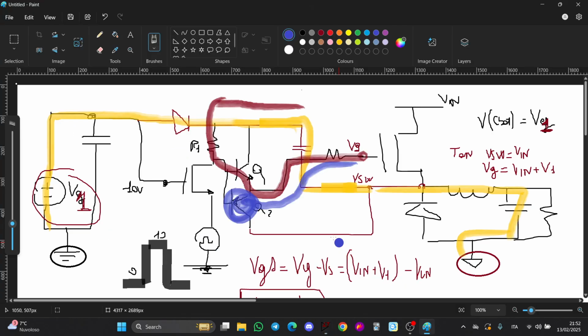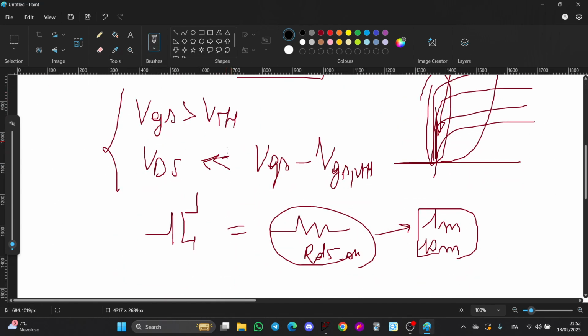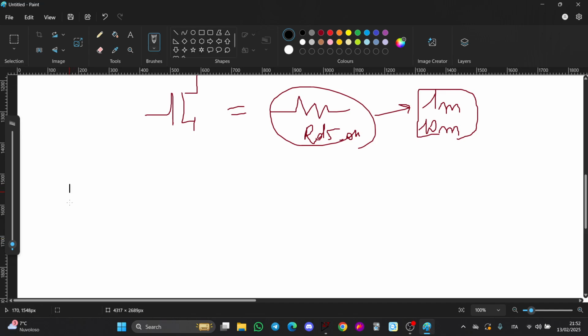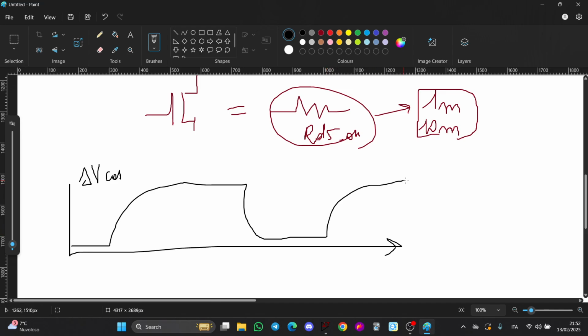A rule of thumb, which I forgot. Sorry. The bootstrap capacitor, the voltage delta V across the bootstrap capacitor, basically it has a ripple inside it. So if the nominal voltage is 10 volts, you can have something like 9.8, 10, okay? A ripple like this.